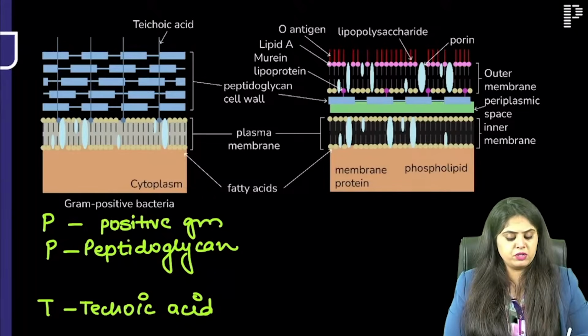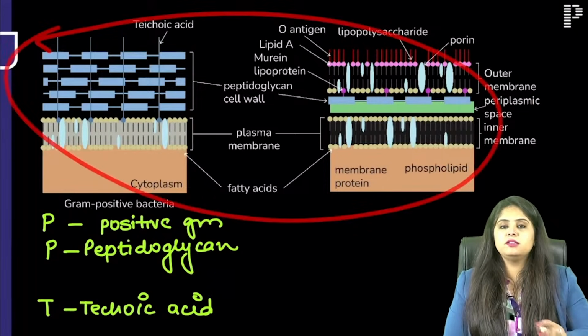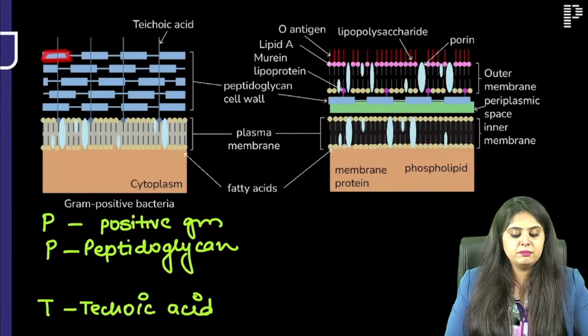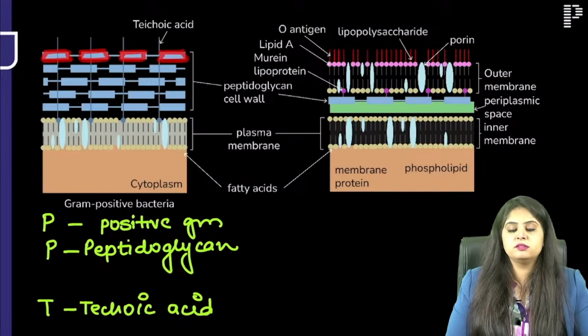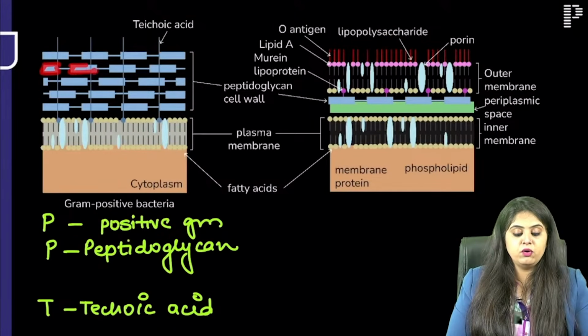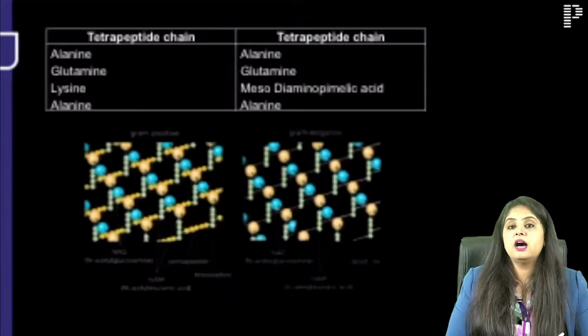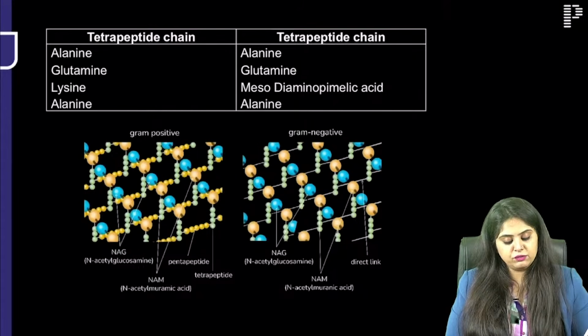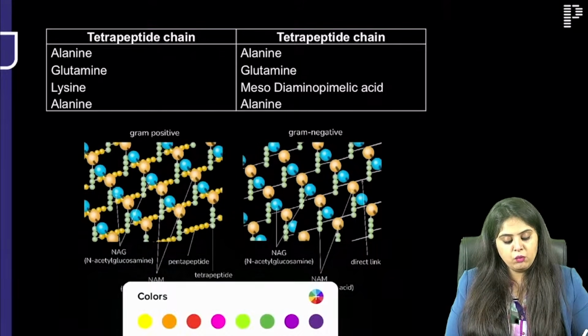Let me see one more picture. I am looking at it from a very superficial point of view. You said okay, all this is peptidoglycan, but why is it made in the form of these boxes? Because every cell wall is going to have boxes. Can you see, instead of boxes I have made circles. These are known as NAM and NAG. So first I will explain to you what is NAM and NAG, and then we will go into the detail.